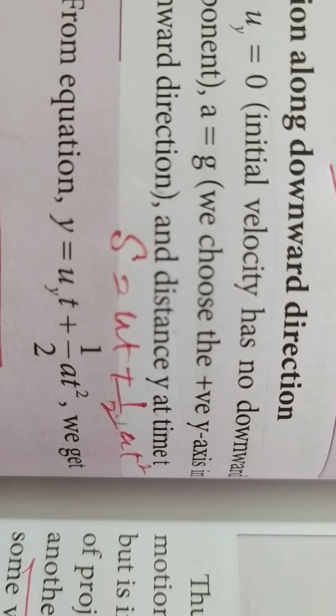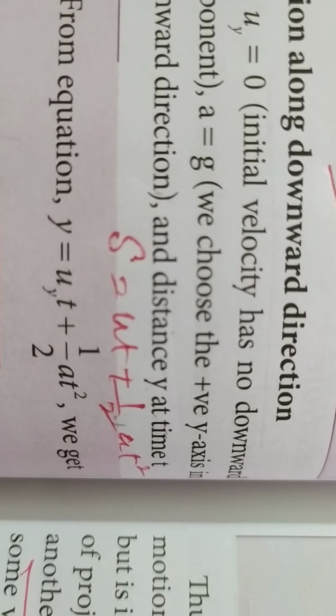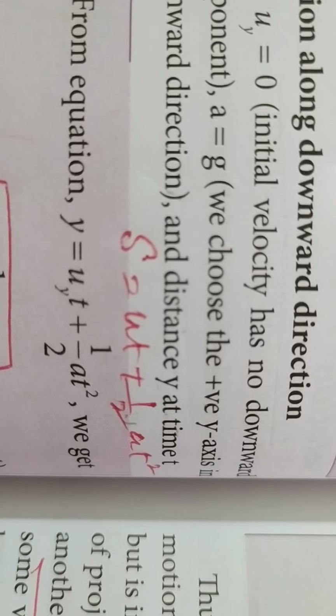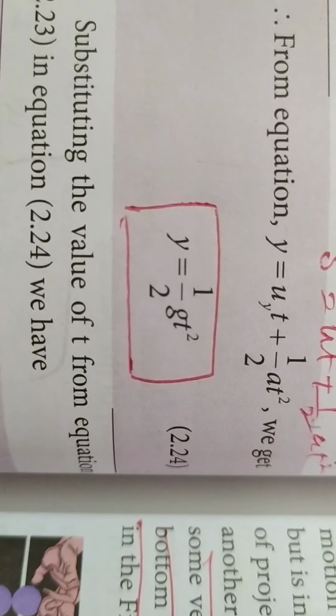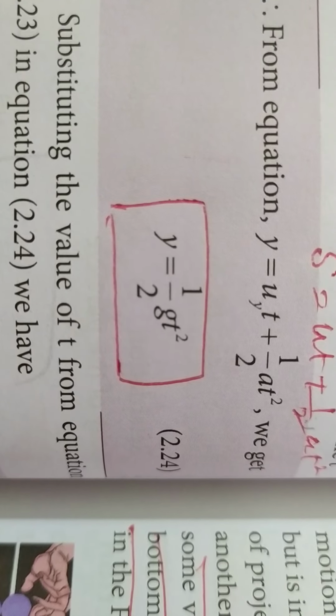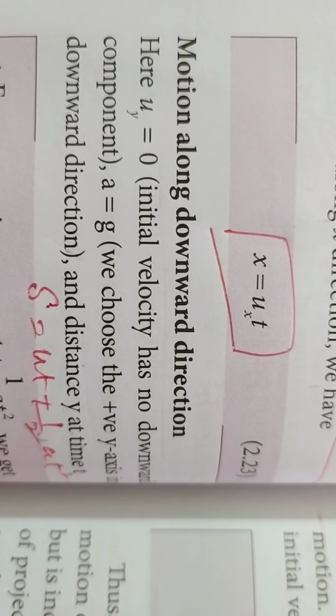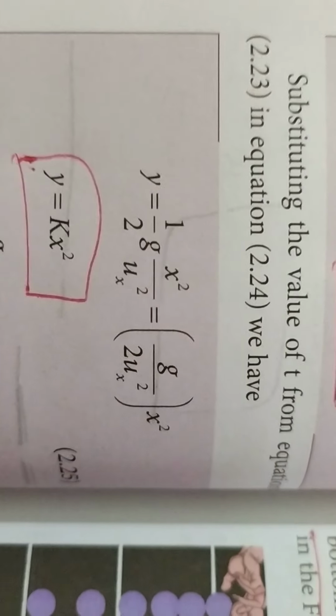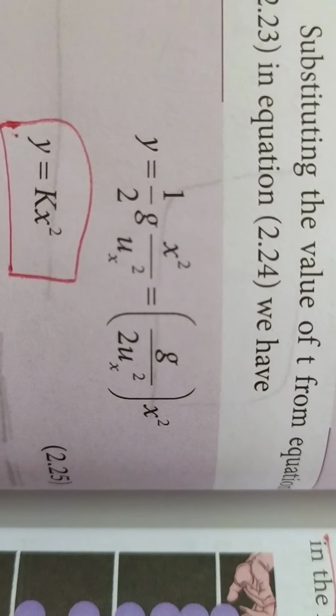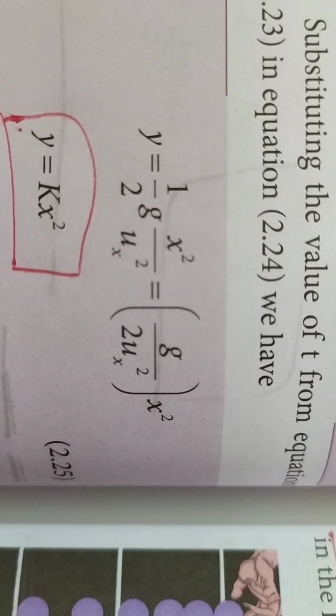Since the initial velocity is 0, y is equal to half gt square, and t is equal to x by ux, which you substitute here. So y is equal to half g x square by ux square.